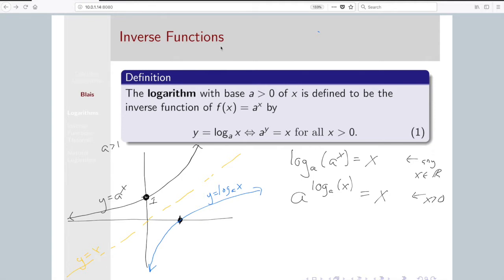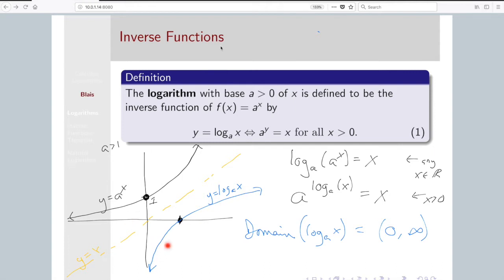And you can note from the graph here, the domain of log base a are all the positive real numbers. And remember how the domain of a function syncs up with the range of its inverse. The range of this exponential is 0 to infinity, not including 0.